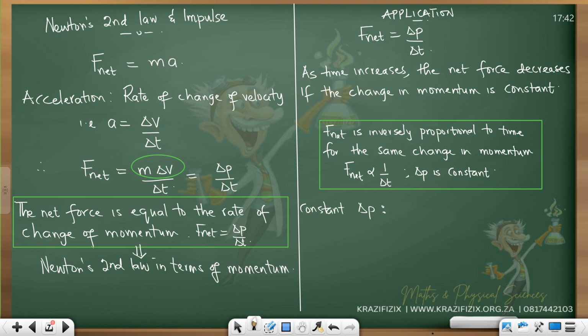What does this mean? Mass is the same, but velocity changes from VI to VF.